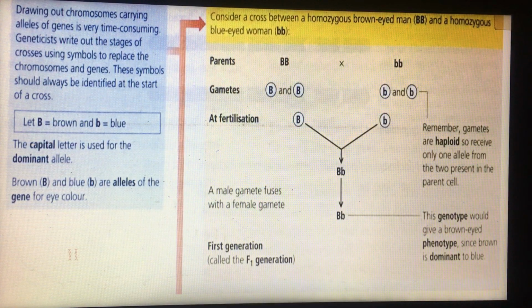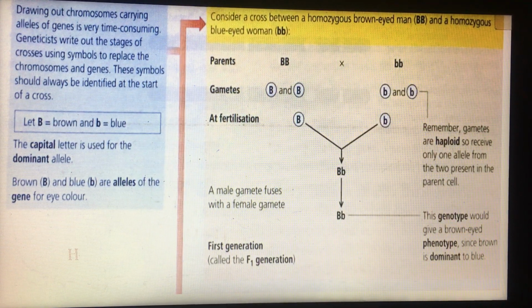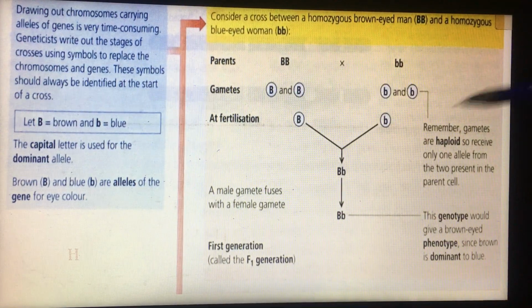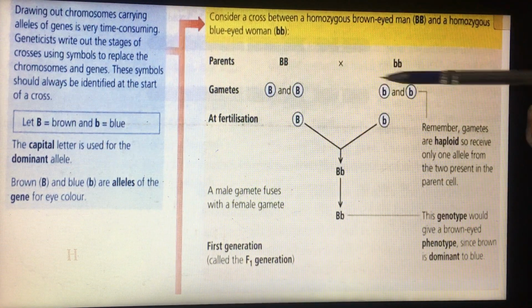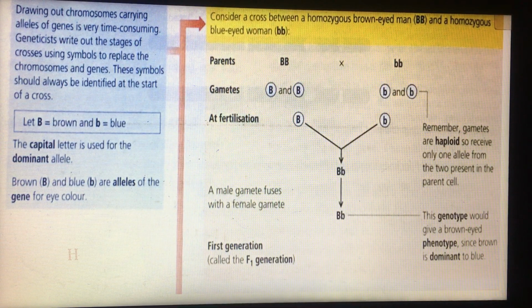So the capital letter is used for the dominant allele and the small letter is used for the recessive allele. So here the letters B capital, B small are called the genotype. Those are genotypes, and the color which appears is called the phenotype.